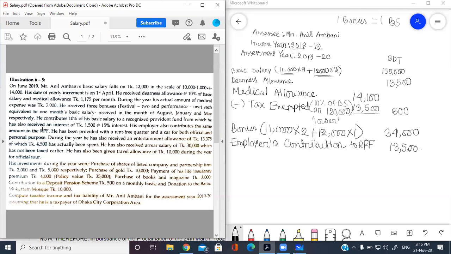And an additional issue is the interest on provident fund, that is 1,500. So interest on recognized provident fund, that is 1,500.